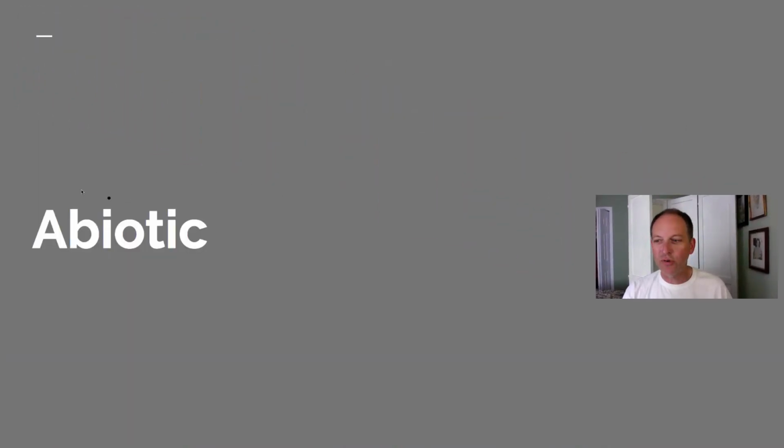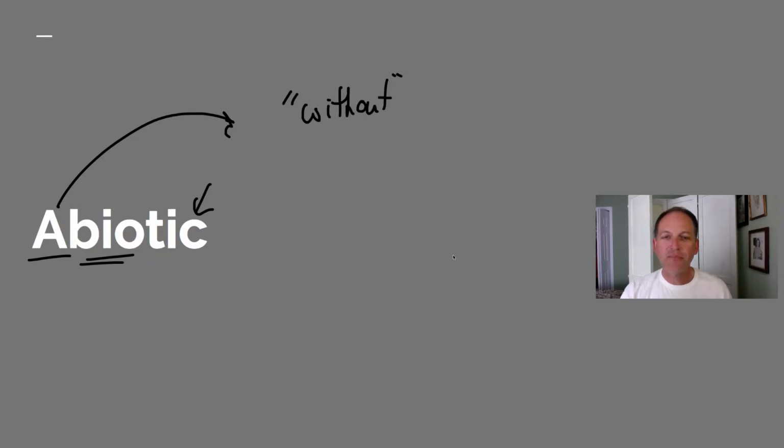Let's break a couple other words down into groups, starting with abiotic. Now there's really 3 parts to this word. Anytime you see a, that is going to mean without. And I want you to brainstorm 3 other words that begin with A and see if it means without.